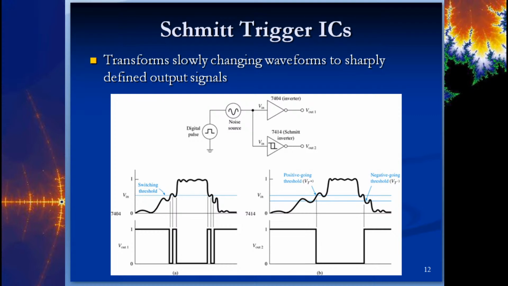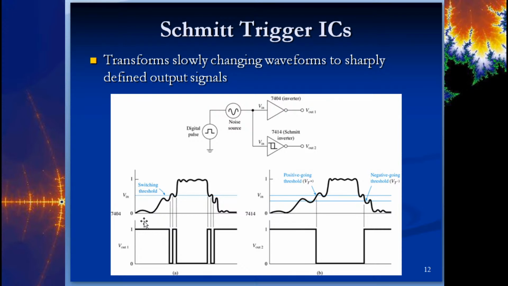So let's talk about Schmitt. The Schmitt Trigger ICs are very much a solution to what we talked about with the transfer curves of the TTL and also the CMOS, where you have sort of a waterfall effect or a slope effect. What the Schmitt IC tries to do is put a nice crisp 90-degree turn on both the low to high transition and the high to low transition.